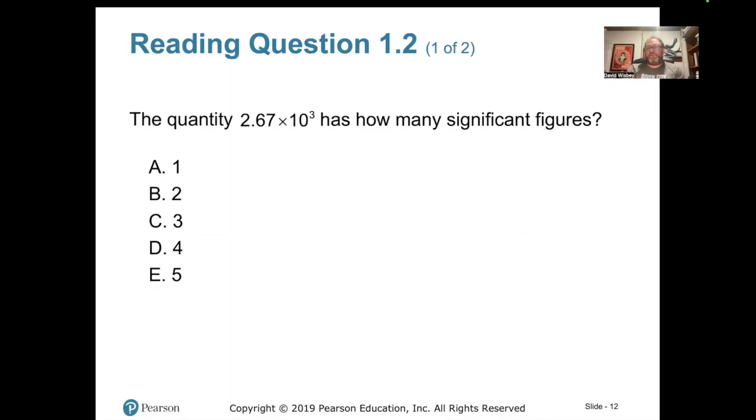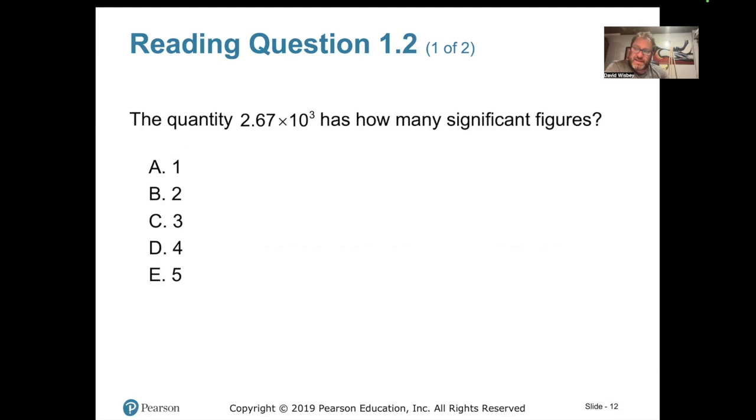Significant digits. We just talked a little bit about those, and we're going to do more with those. The quantity is 2.67 times 10 to the 3.